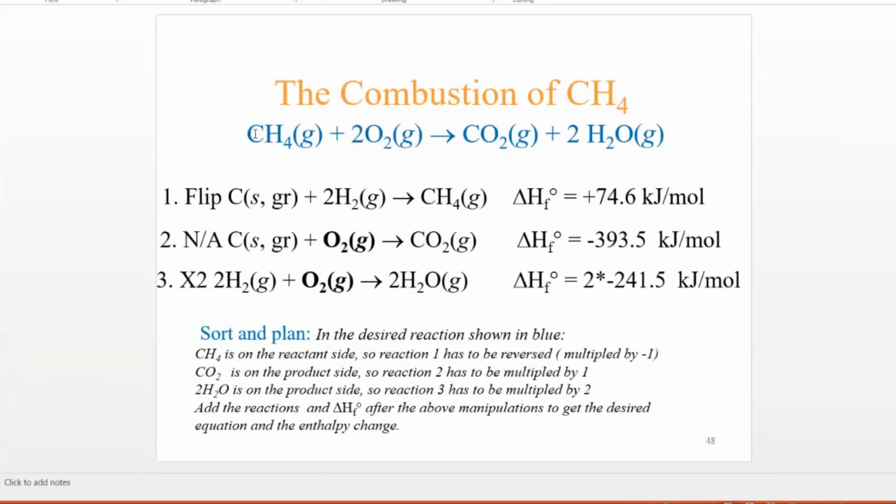For example, if we were to figure out the delta H of this reaction in blue, and this is not on the slide, we would say 2 times the enthalpy of formation of H2O plus the enthalpy of formation of CO2, take that number, minus the reactants, which would be the delta H of formation of CH4 plus 2 times the delta H of O2. So we take those numbers and we do the products minus the reactants.